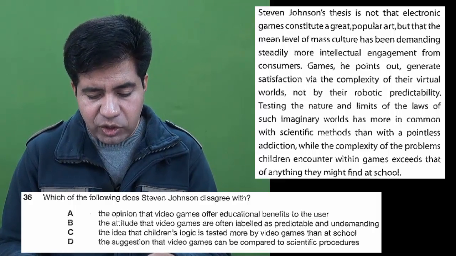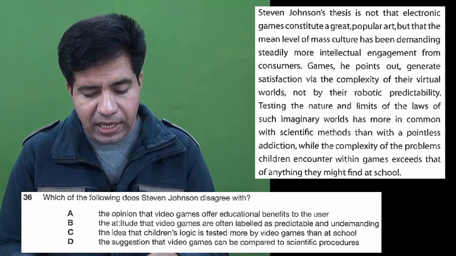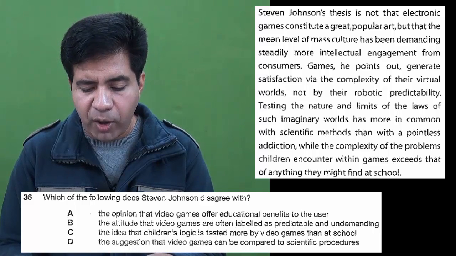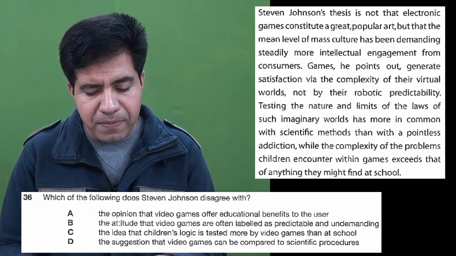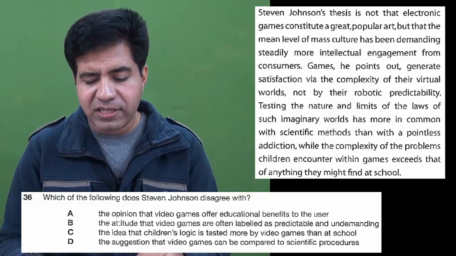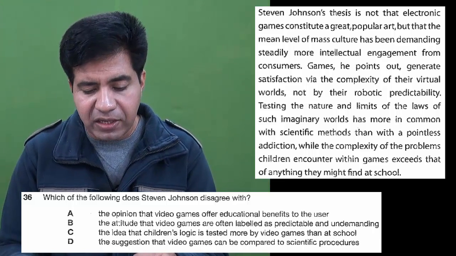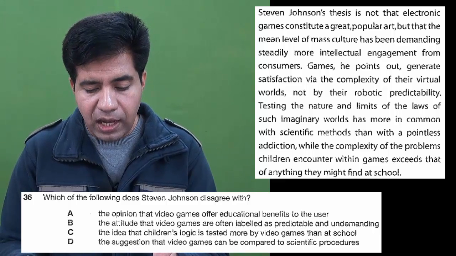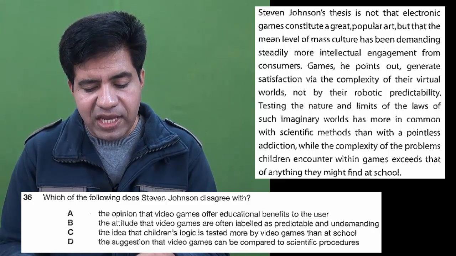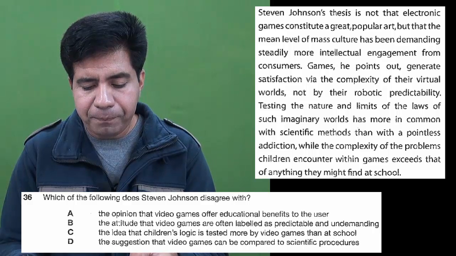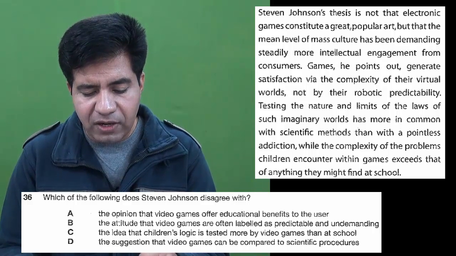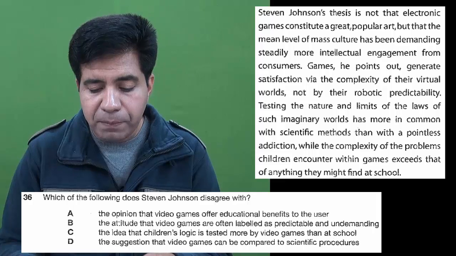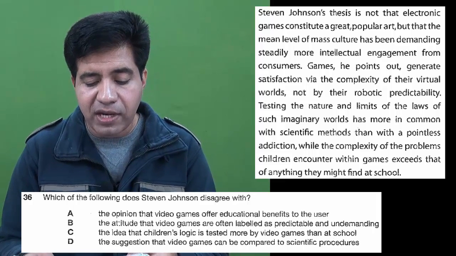He says Stephen Johnson's thesis is not that electronic games constitute a great popular art, but that the mean level of mass culture has been demanding steadily more intellectual engagement from consumers. Games, he points out, generate satisfaction via the complexity of their virtual worlds, not by their robotic predictability.